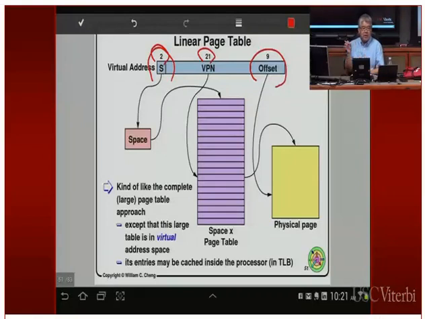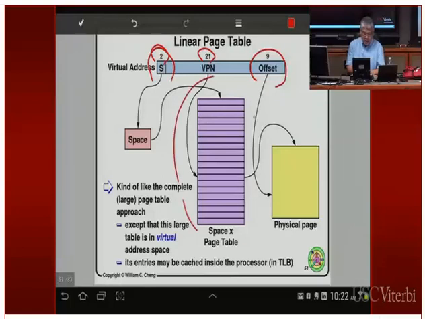You can interpret it such that 00 and 01 are like the user space page table, and 10 and 11, actually 11 is not being used, so 10 is like a kernel level page table. As it turns out, the real way to interpret that is that for the 00 and 01 space, the page table entry inside will give you another virtual address. So instead of giving you a physical address, this particular scheme will give you a virtual address.